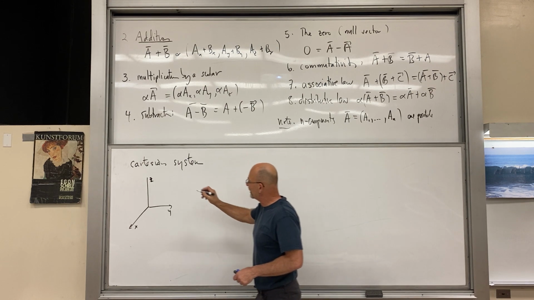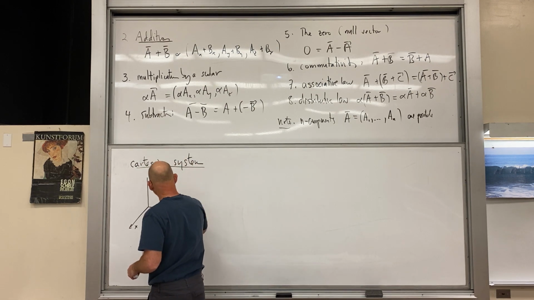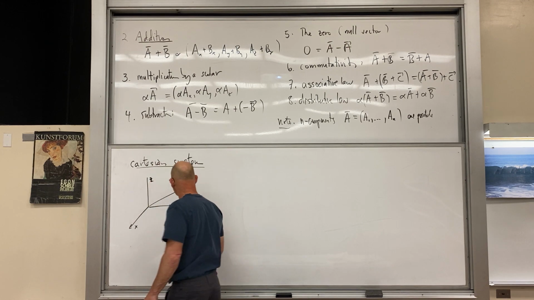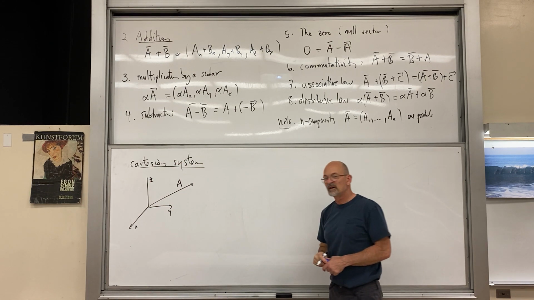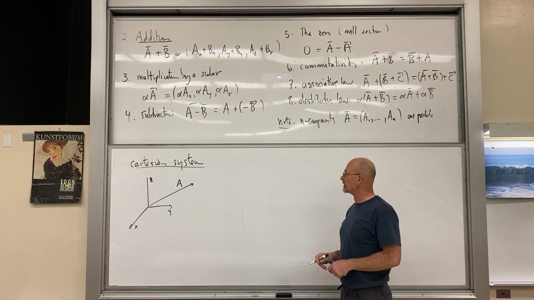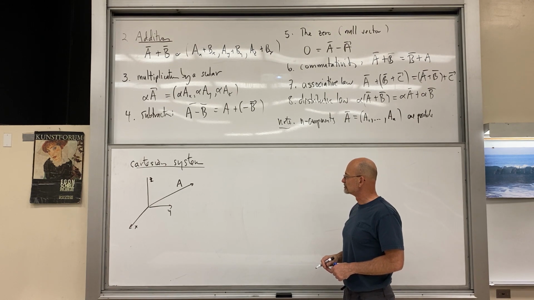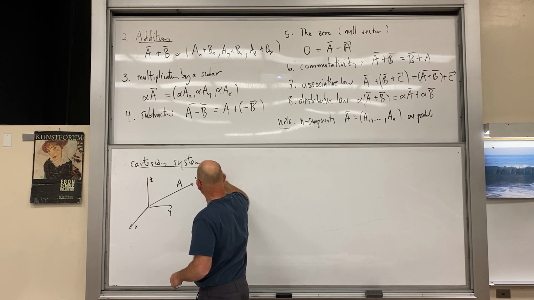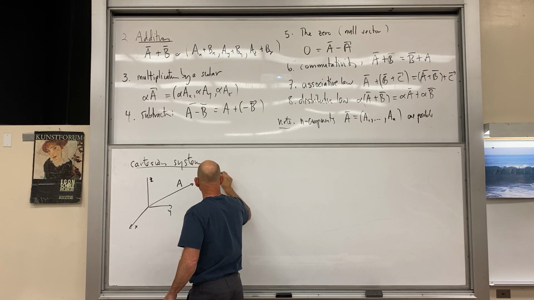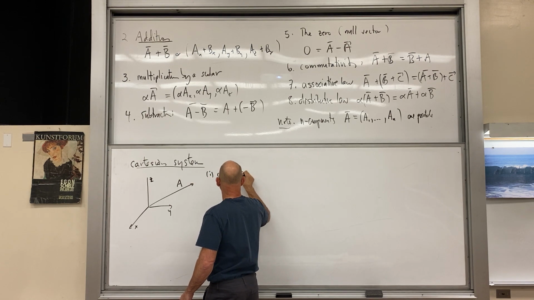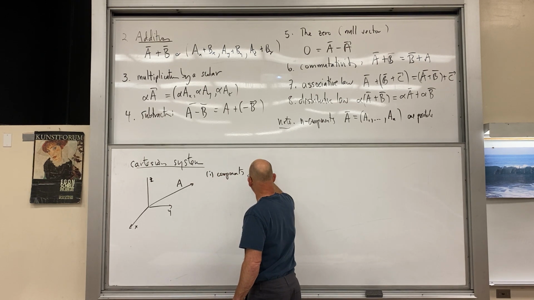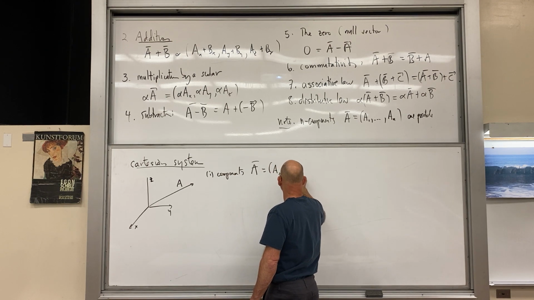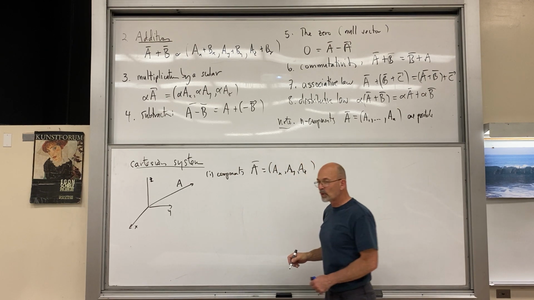And we place an arrow in this system. And we want to discuss that a bit on its own. Okay, so we need, first of all, the components. So we have A as before, AX, AY, AZ is an ordered triple.